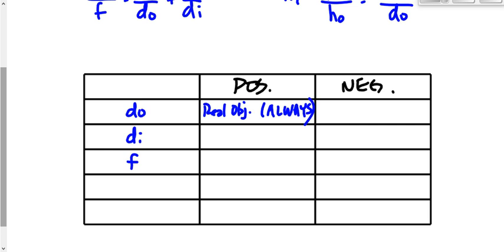So sometimes the image formed from the first lens can serve as the object for the second lens, and in certain circumstances that can be a virtual object. But you don't have to worry about that in physics 30. So for us, the object distance will always be positive. It will be negative if it's a virtual object, which for us in physics 30 will be never.